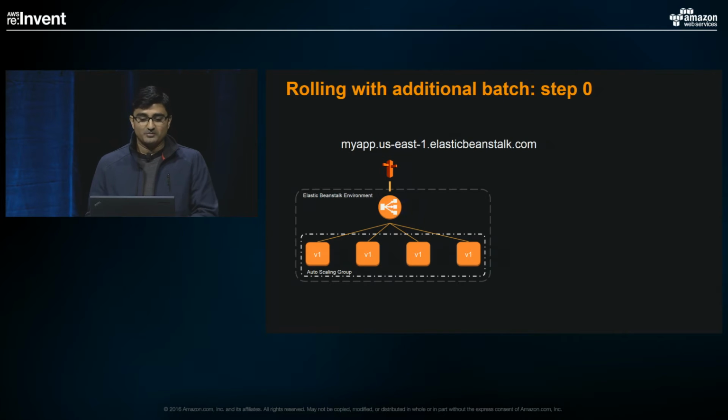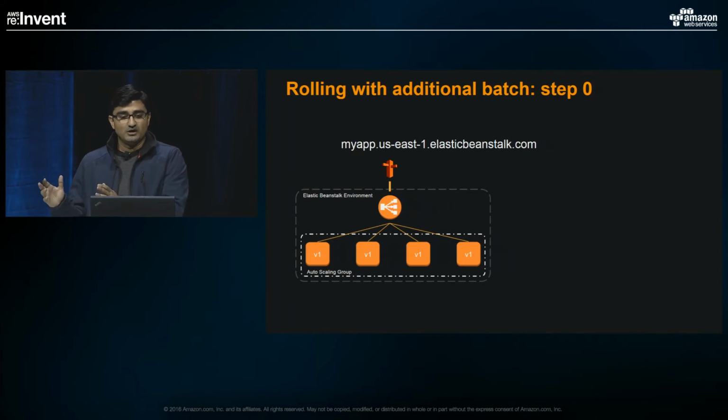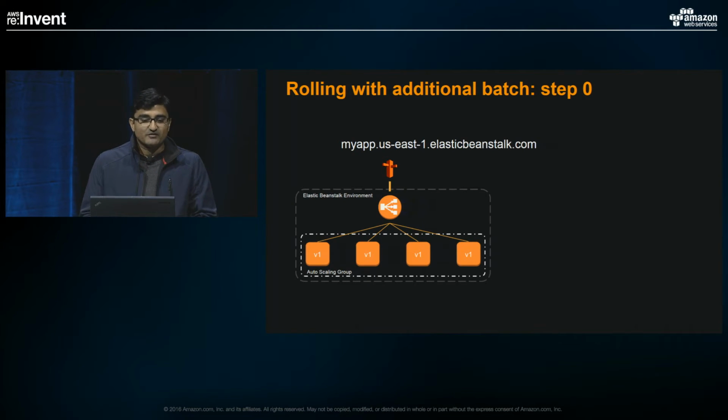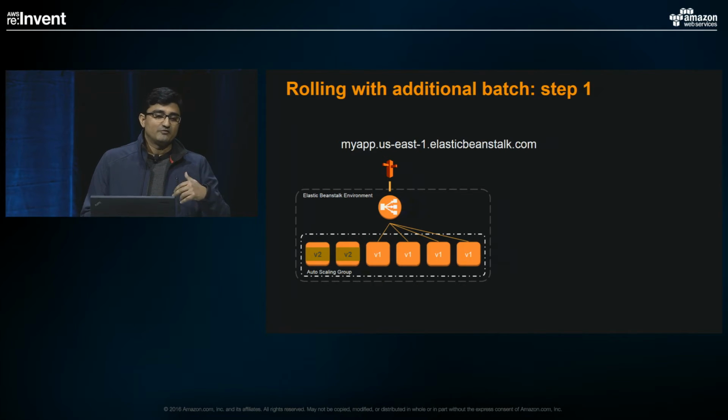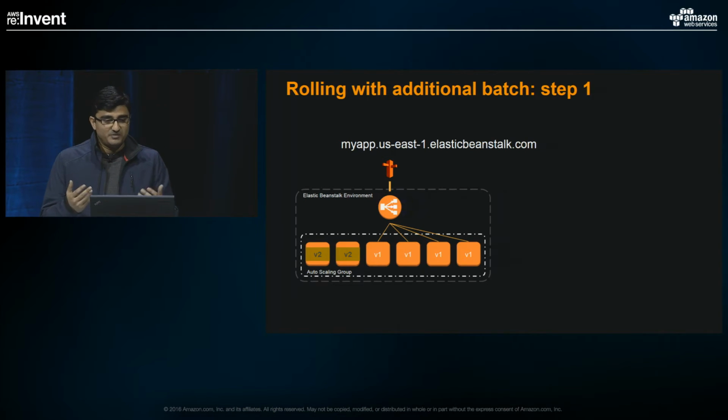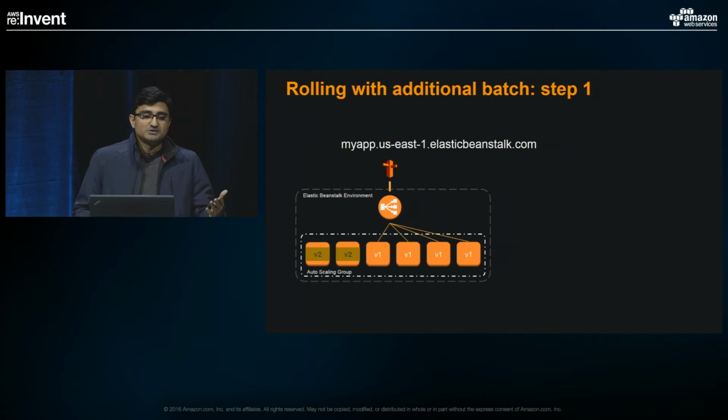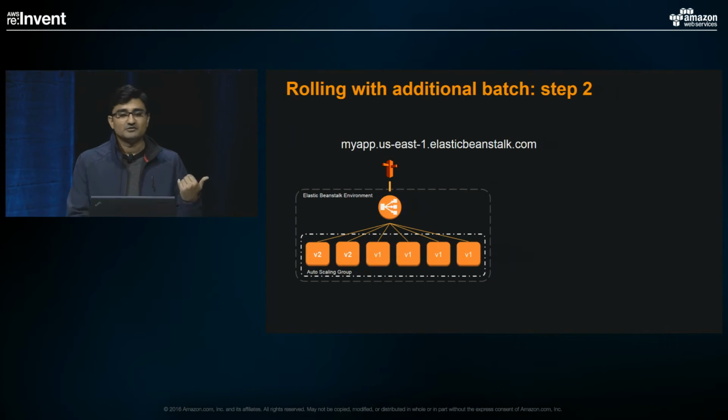Rolling deployment with additional batches deploys the new version in batches, but first it launches a new set of instances based on the batch size that you have defined. Let's say you have defined batch size 2 or 50%, it will launch 2 new instances which are getting deployed with version 2. And once they're up, the traffic is routed to them.